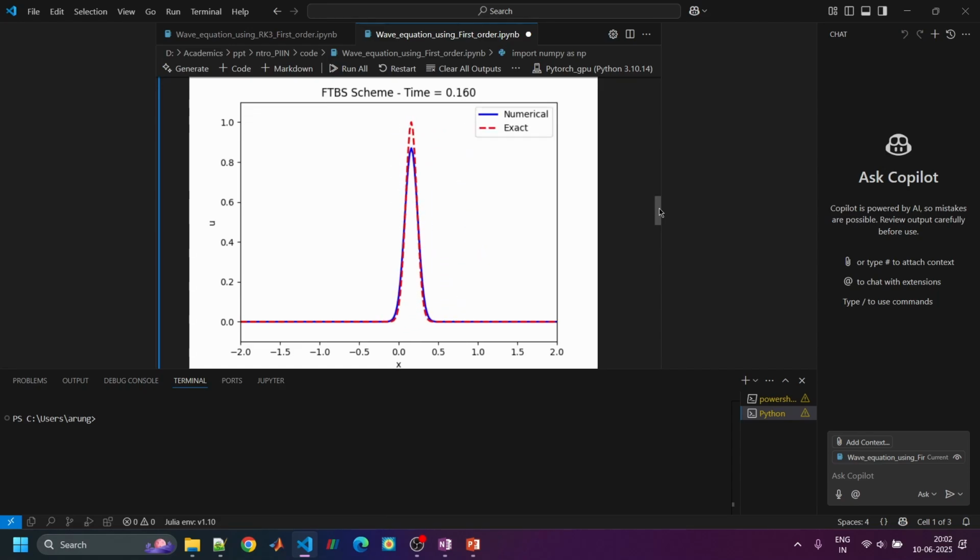Now let's see why I have made this video on PINNs. You can notice that whenever we use numerical schemes, we have a lot of issues. For some equations we have a numerical analysis backup, but for a lot of equations we don't have one for our numerical simulation. In that case, we need some alternative methods to cross-check that our results are good.